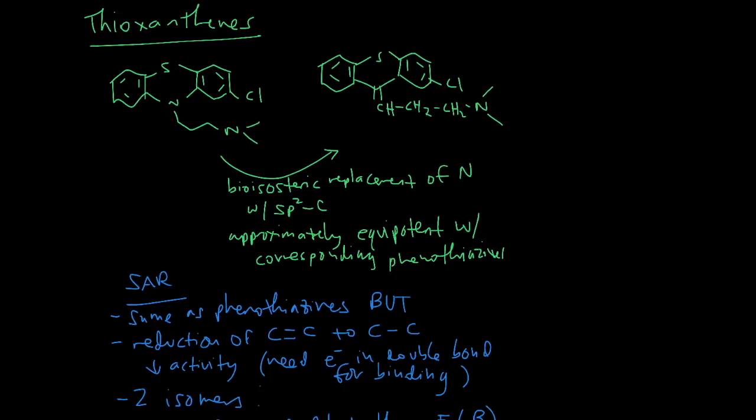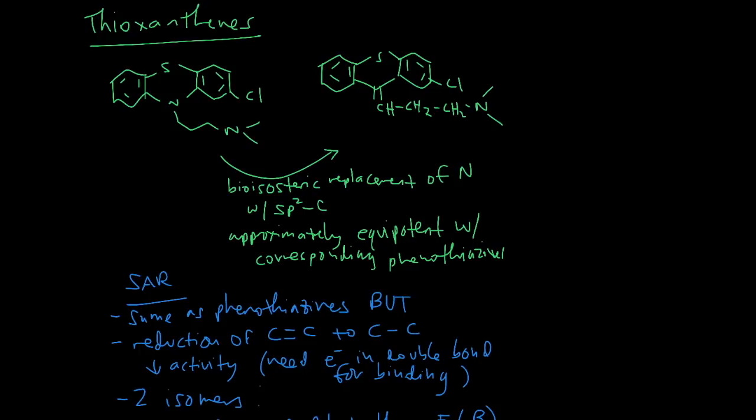Here's chlorpromazine. To get the thioxanthine equivalent of it, you're going to replace this nitrogen with an sp2 hybridized carbon. Same chain length, 3 carbons here, same tertiary amine. Literally all you're doing is replacing this nitrogen with a double bonded carbon, or an sp2 hybridized carbon. These are equally potent with their corresponding phenothiazine.